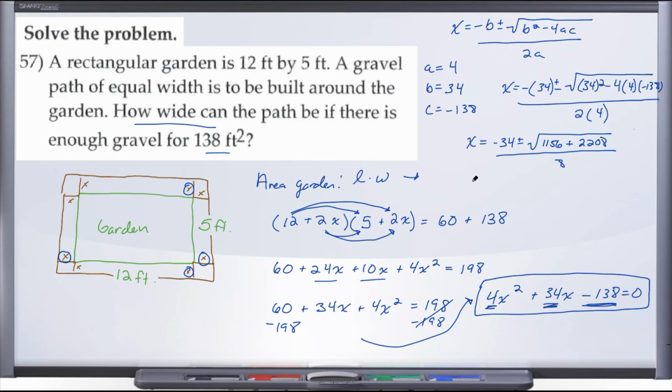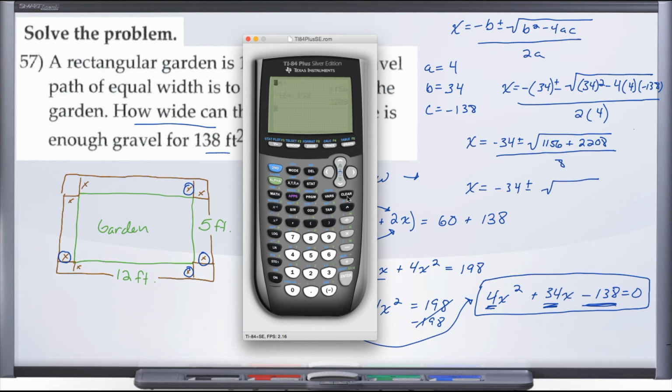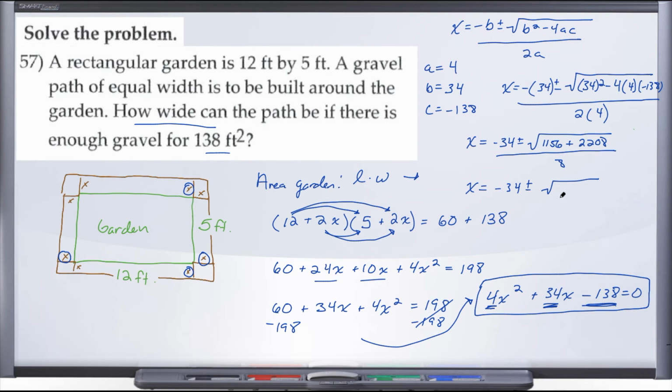Cleaning this up, we'll have x equals negative 34 plus and minus the square root of 1156 plus 2208, which gives us 3364, and hopefully that is a perfect square, all over 8.